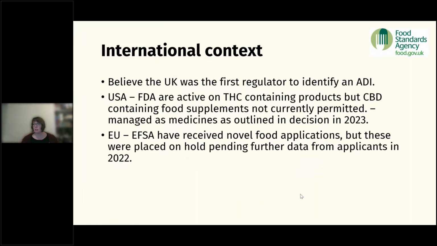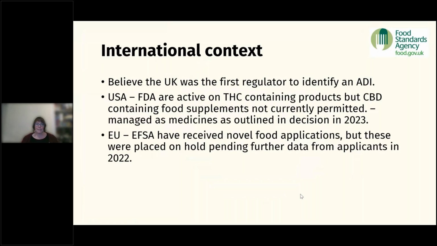This is something they've been trying to look at, whether there are other pathways that would provide a route to be considering these products. But so far, as of the decision back in 2023, they're still currently not permitting CBD in food supplements and outside the medicines context.